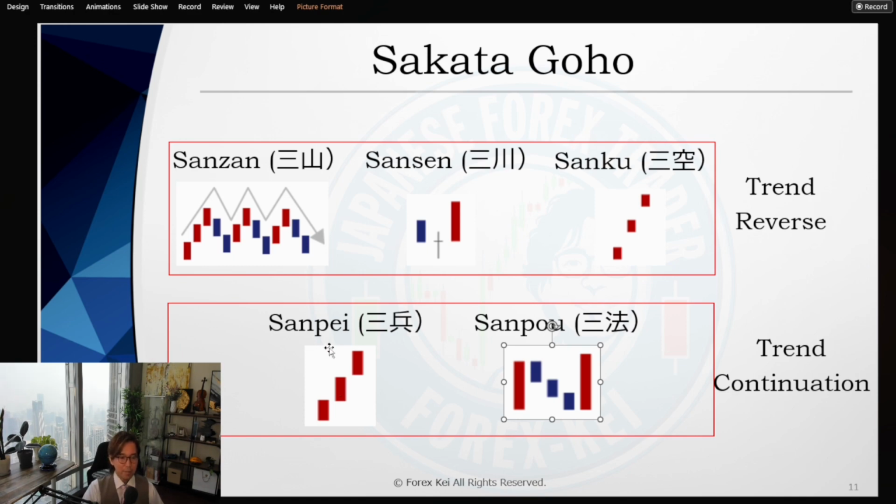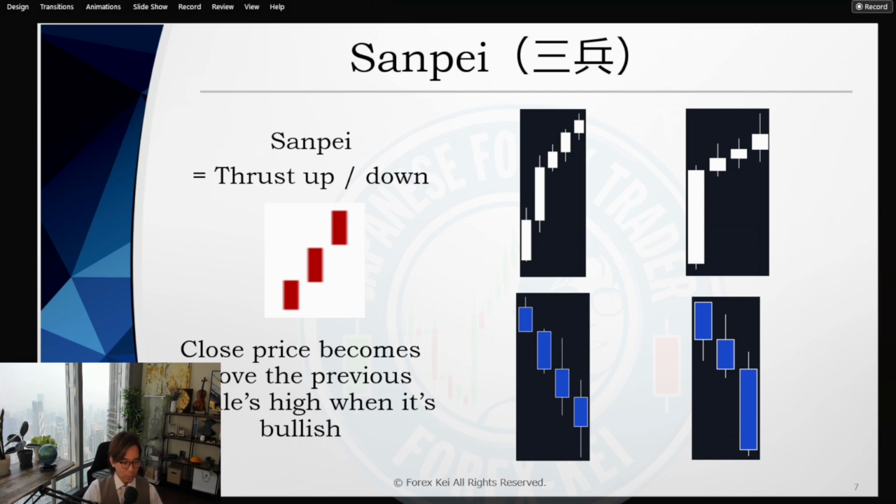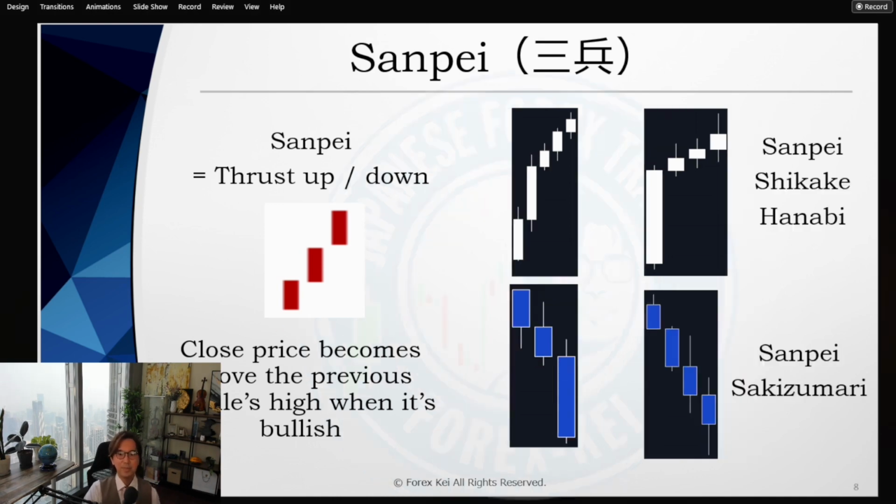So again, we have to be careful when you see Sanpei and when you see the candlesticks are getting smaller and wicks are pointing up or down, then it may be the end of the trend. So you have to be careful on those patterns. So this is up, and wick pointing up, and this might be end of the trend.